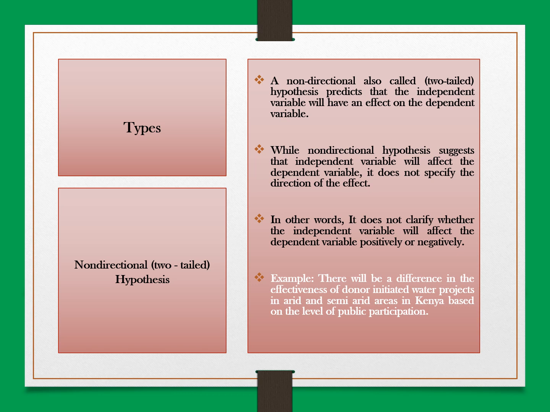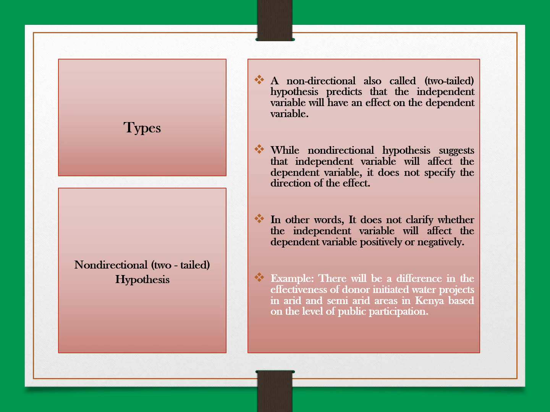However, it does not specify the direction of the effect. In other words, a non-directional hypothesis does not clarify whether the independent variable will affect the dependent variable positively or negatively. It simply states that it will affect it. But as to whether it will be positive or negative, it is silent on it.